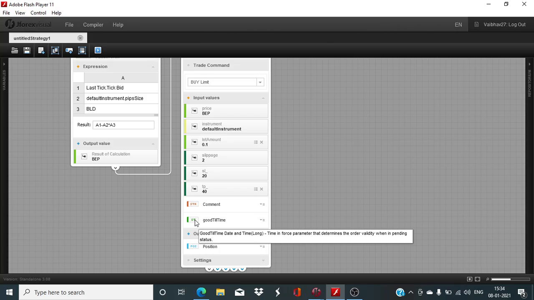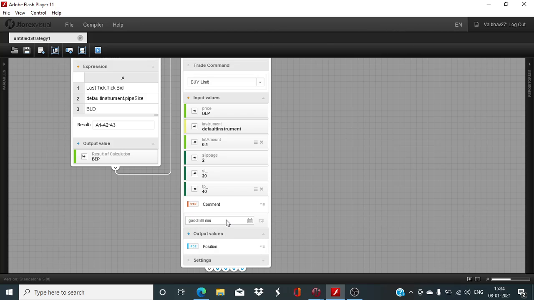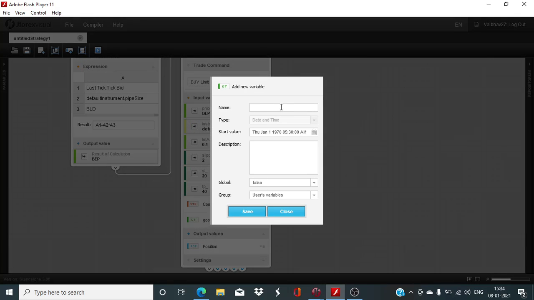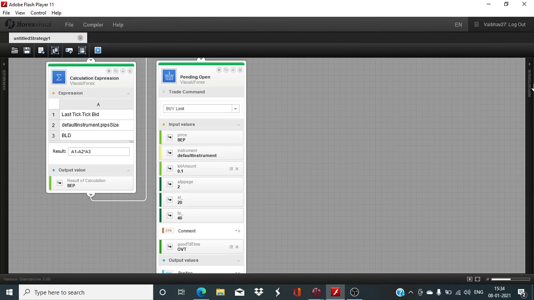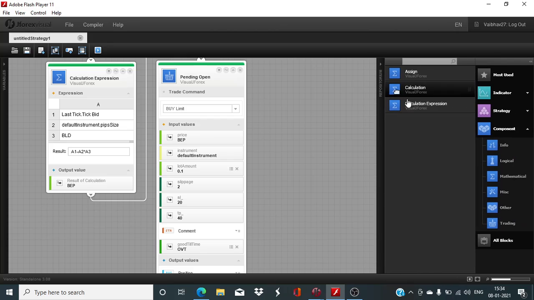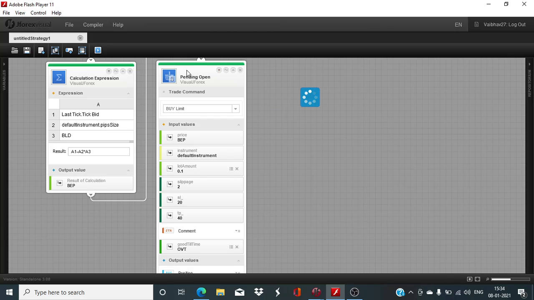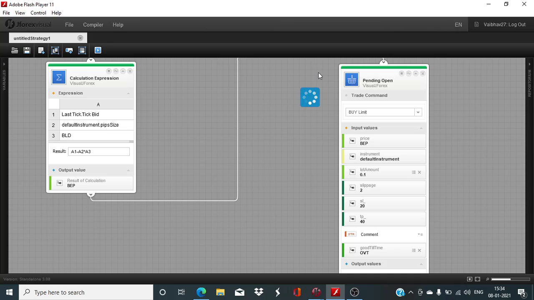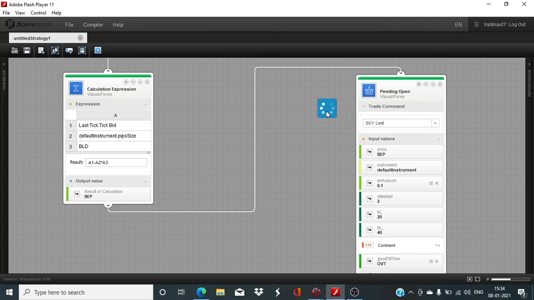This is going to be in the long data type, so we will have to create the order validity variable here only, and it will be order validity time, okay, OVT. I have created the variable. Now to define it, we will need to carry out some calculations. Our order validity time is going to be of 15 minutes.